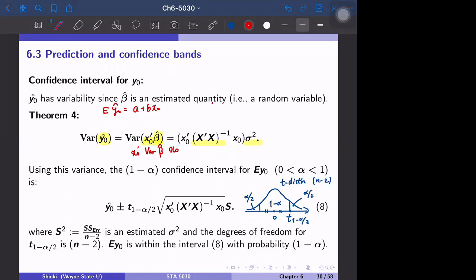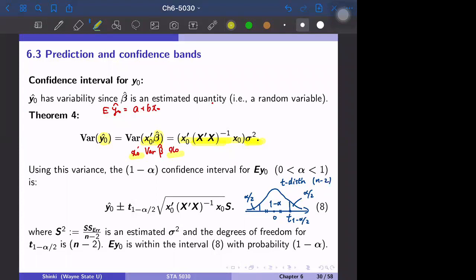So if we describe everything component-wise, you can see why this is true. This is just a calculation. So then we get x naught transposed times x transpose x inverse sigma square times x naught. But sigma square is a scalar, so you can put it at any place. So now we can get the variance of y naught hat.